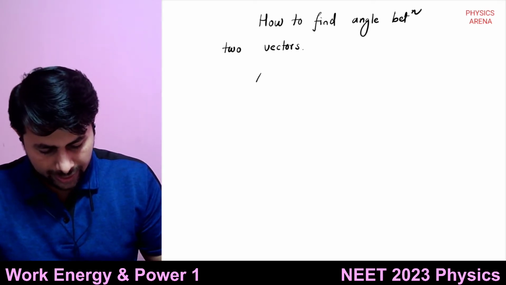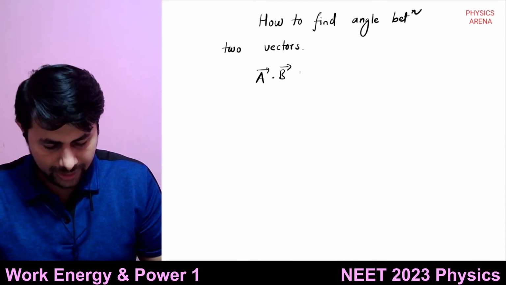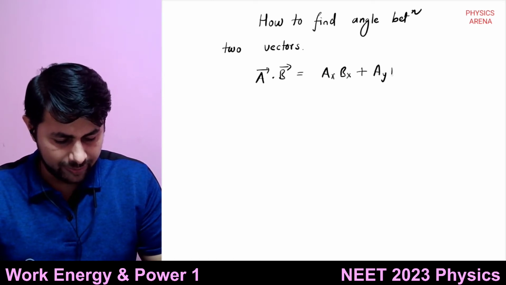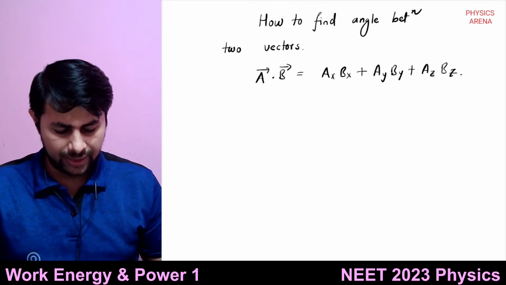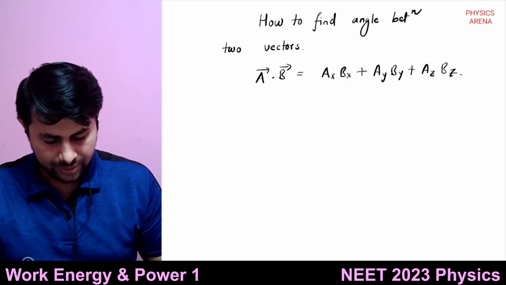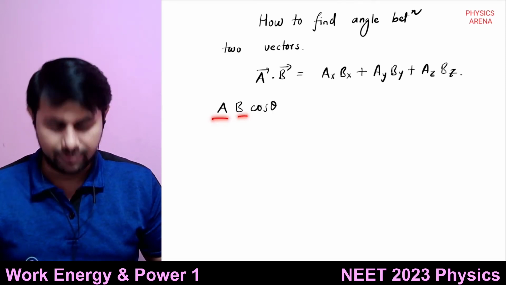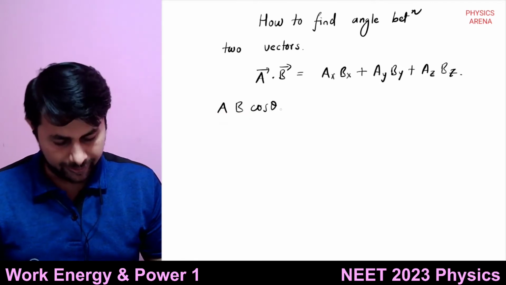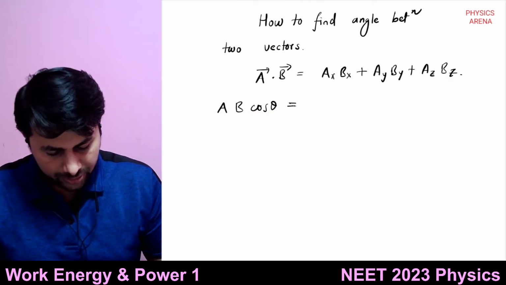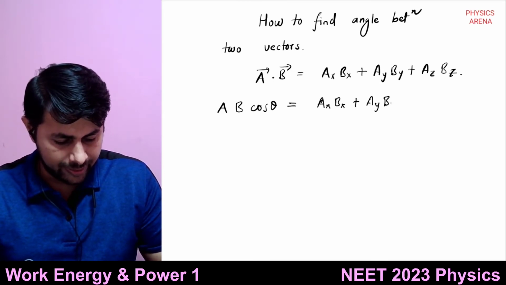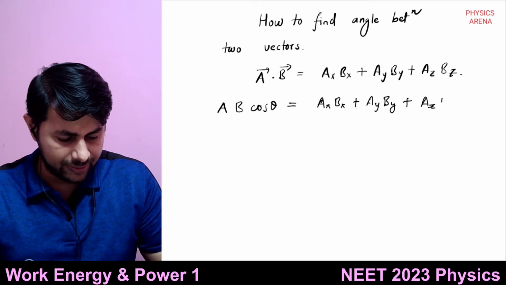So a bar dot b bar can be written as what? It is ax bx plus ay by plus az bz, and it can also be written as a times b times cos of theta, where this is magnitude of a multiplied by magnitude of b multiplied by cos of theta. So this thing is equal to ax bx plus ay by plus az bz.